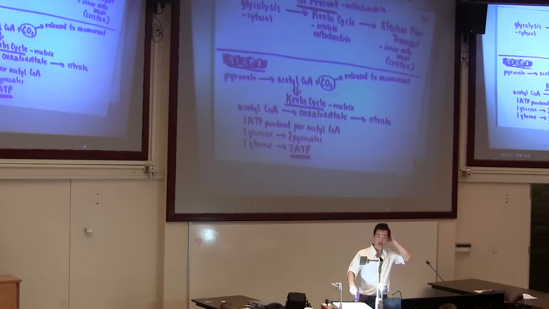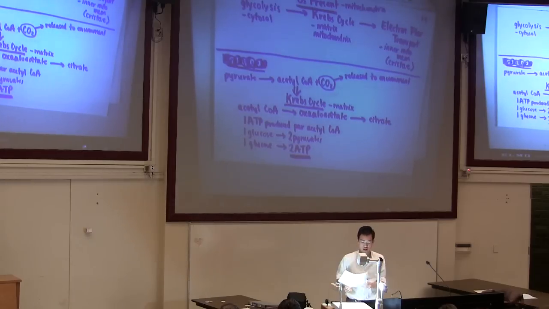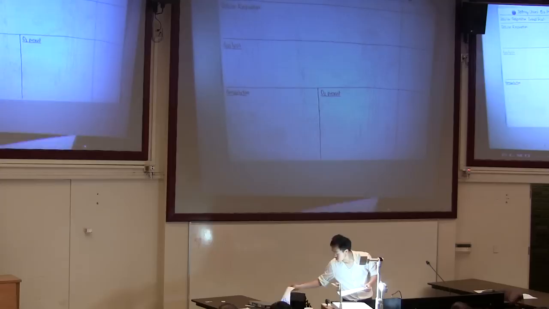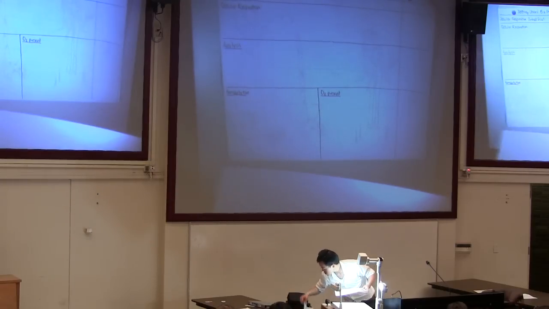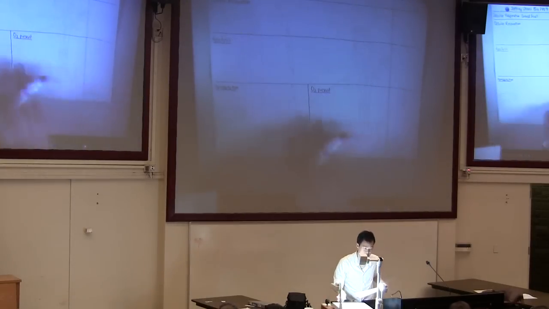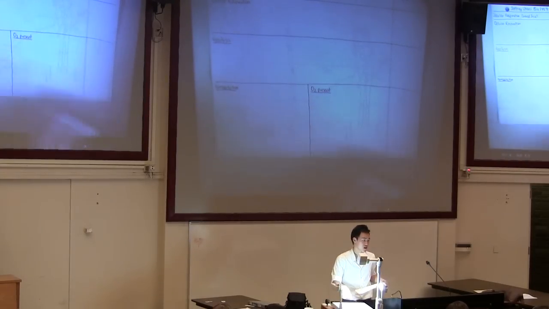Any questions? Okay, so this happened in the matrix of the mitochondria. So now we're ready to move on to the third part, which is electron transport. This is also under your oxygen present box.